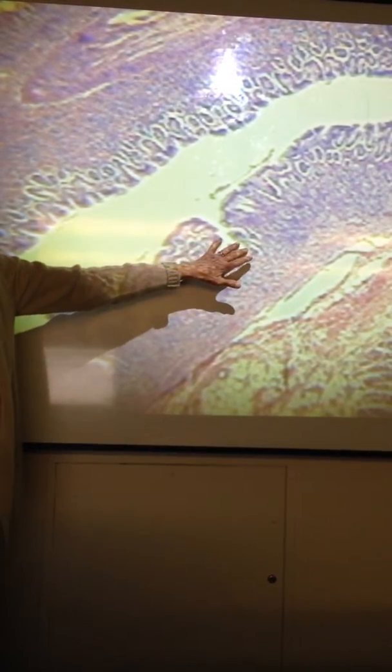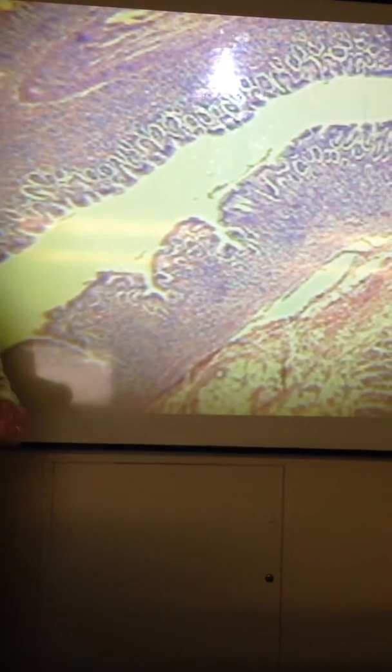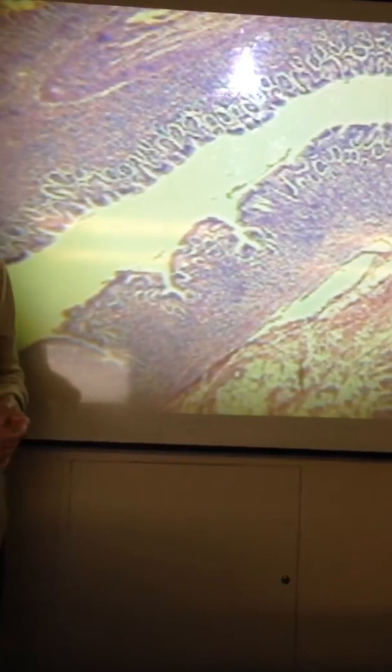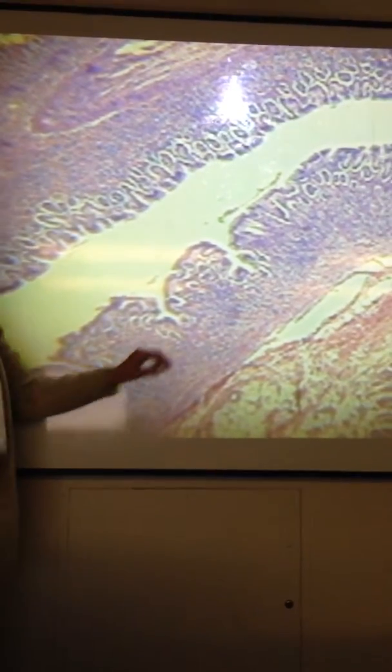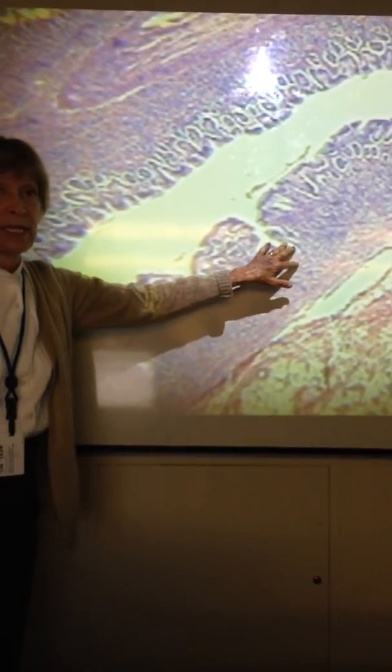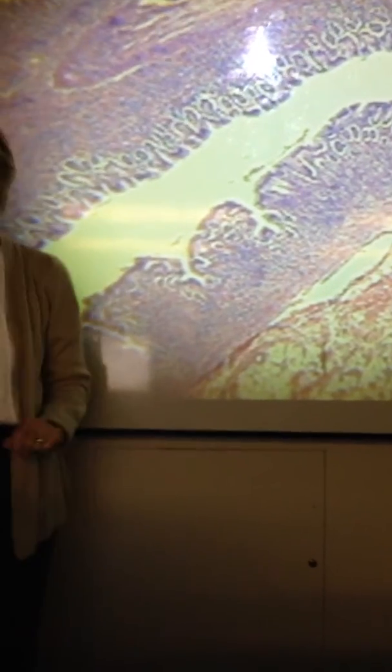And then down within the gastric gland, the parietal cells, the chief cells, the G cells that produce gastrin, so the enteroendocrine cells. But that's all histology. We're not identifying those.